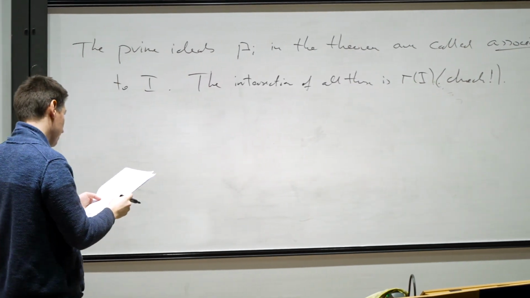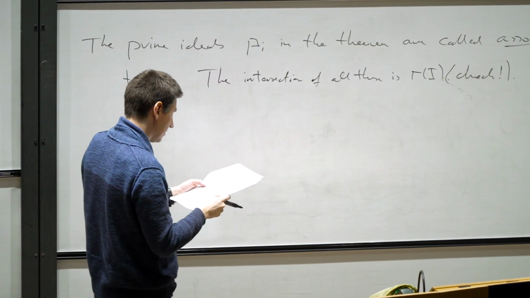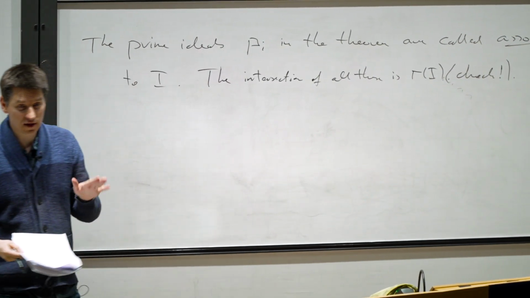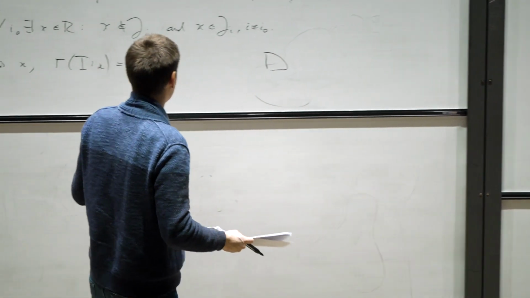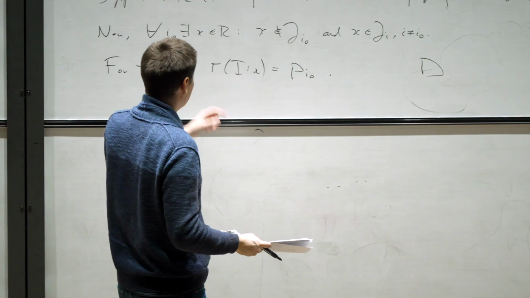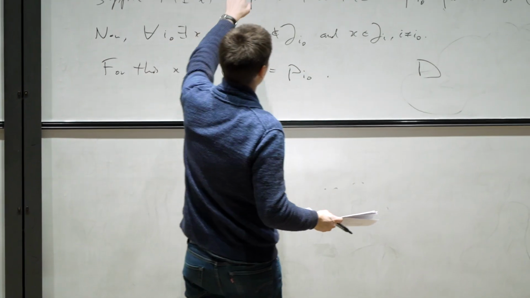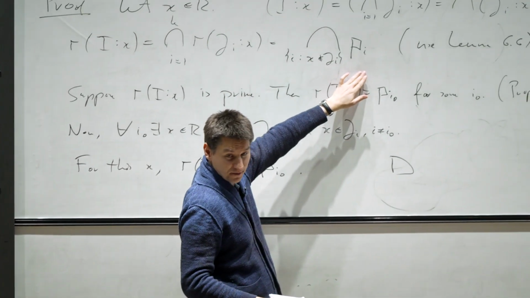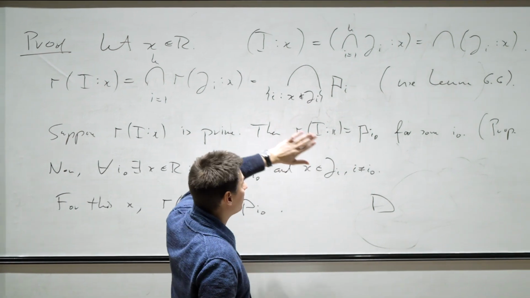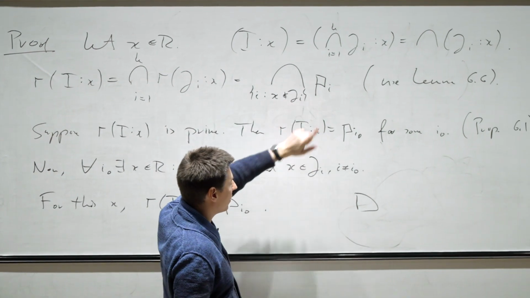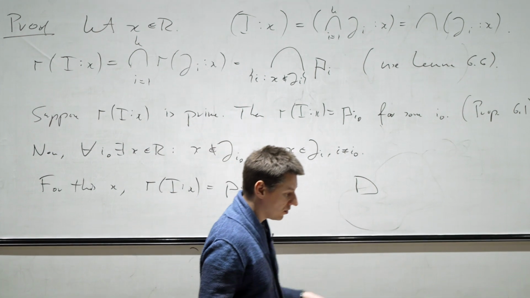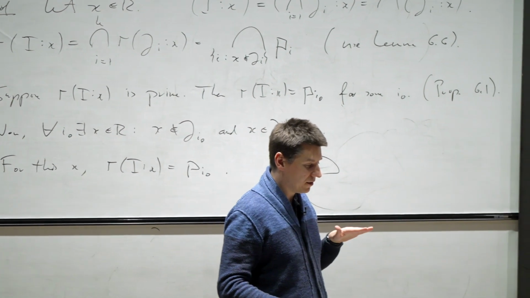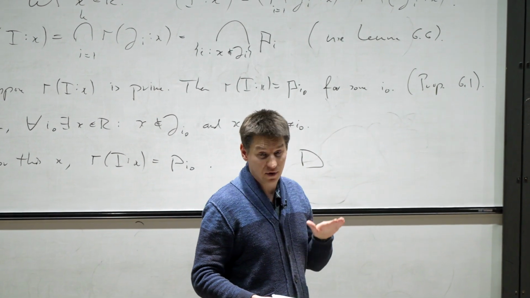Now if you imagine that you had a radical ideal, so an ideal which is equal to its own radical, when you do the primary decomposition, you will see that the Q_j's that show up are actually already primes. So you can pass to the underlying primes. That means that if you have a radical ideal, then you can find a primary decomposition made of primes.